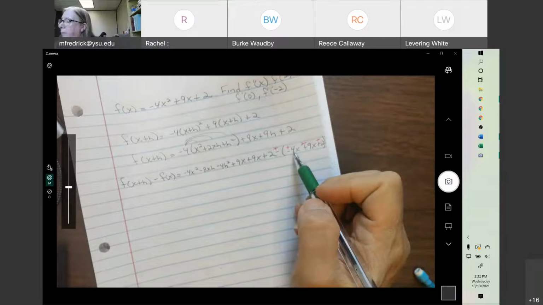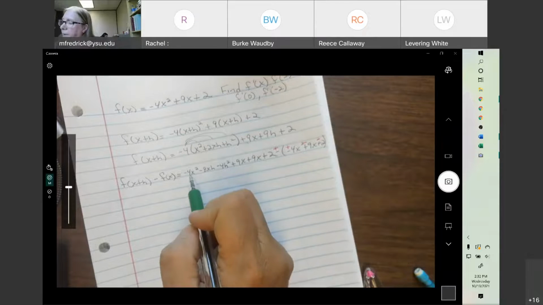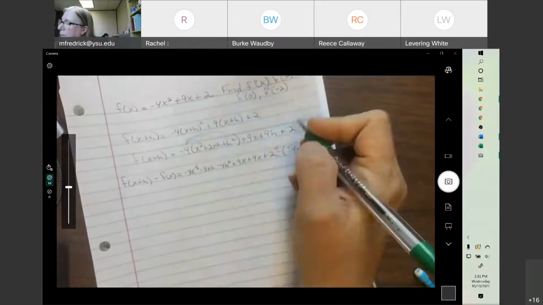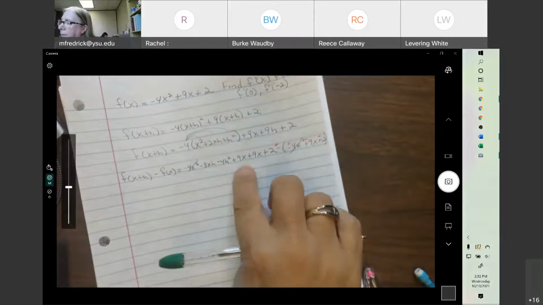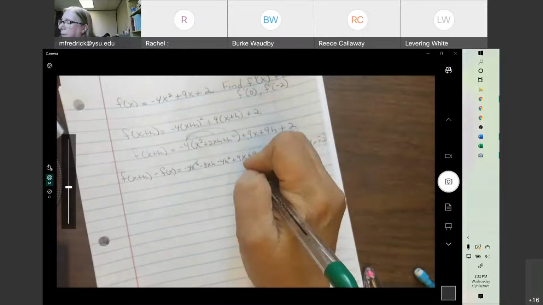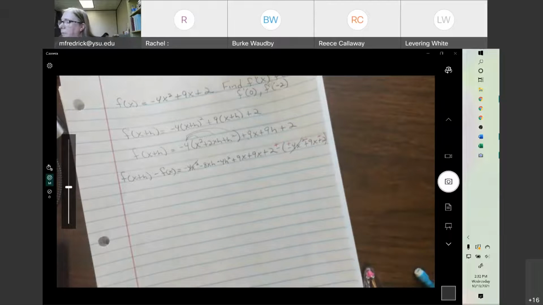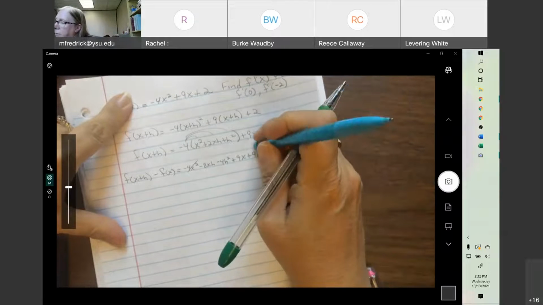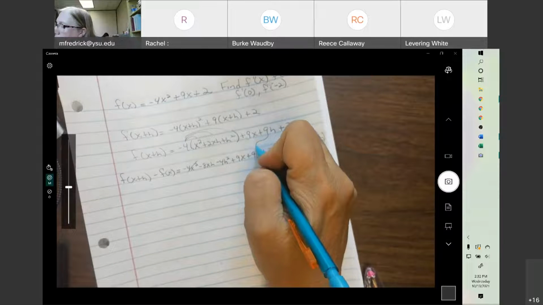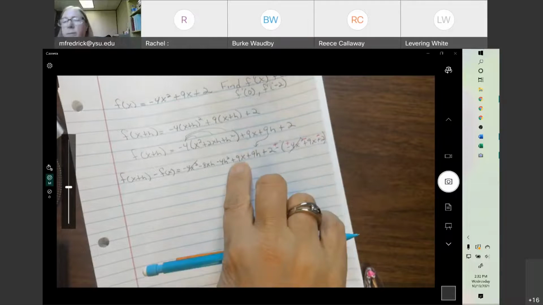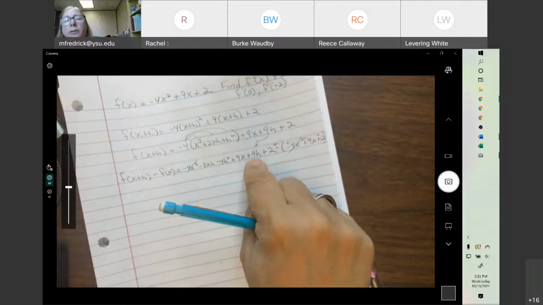Then we notice we have a positive 4x squared and a negative 4x squared. So the 4x squareds cancel. We have a negative 9x and a positive 9x. So this should be an h. Be careful. One of them's an x and one of them's an h.